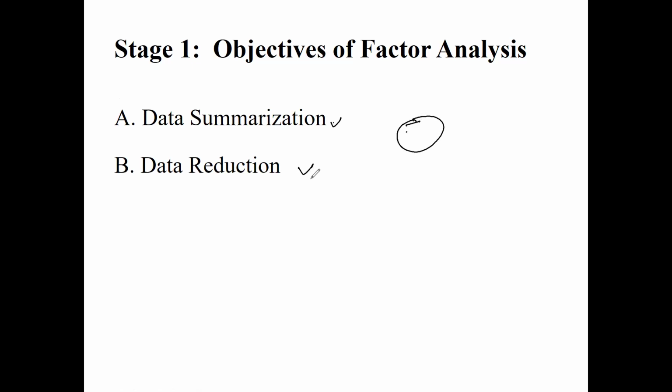In data reduction, actually in an exploratory factor analysis, initially we take 50, 60 questions from various research papers or other models. And through these questions, we want to identify the principal component, main factors.